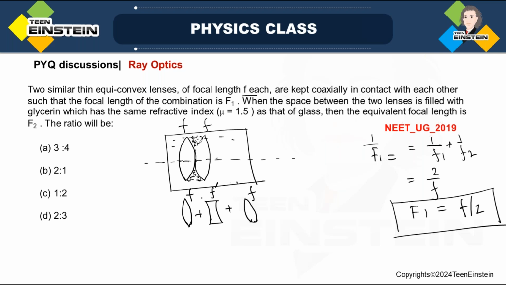Let us say all of them have the same radii of curvature. So let me find out. For this, 1 over f is (mu minus 1), same refractive index.